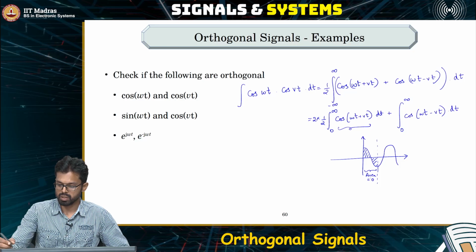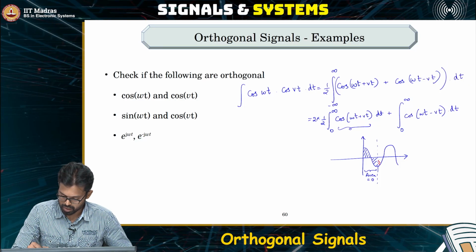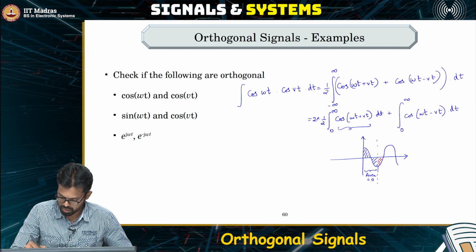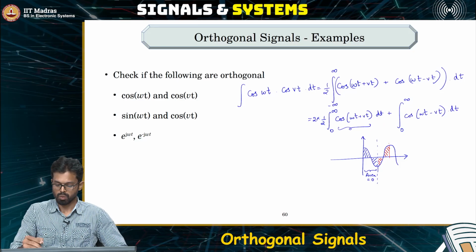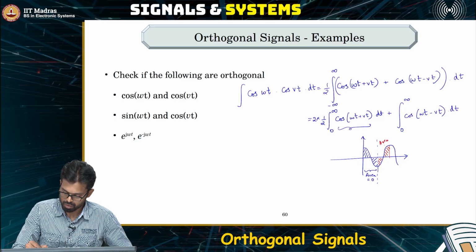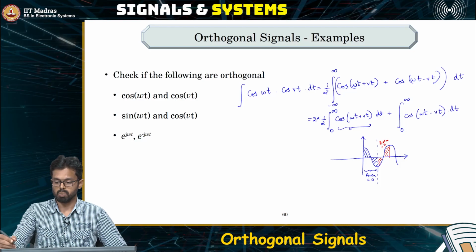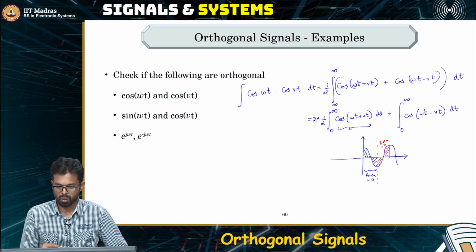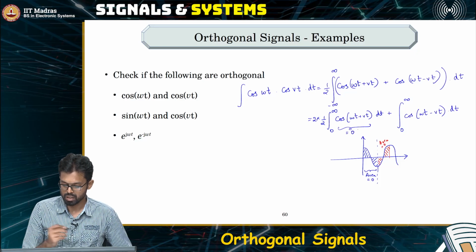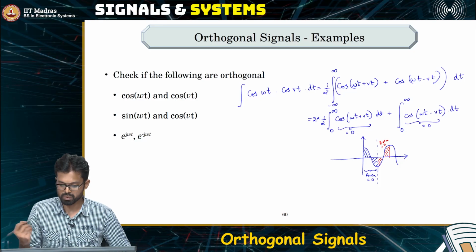Similarly, if you compute in the next half cycle, this area is once again 0. So you can divide the entire portion on the right hand side into multiple half cycles, and every half cycle you will have area equal to 0, which means this entire area is 0, and similarly this entire area is 0.